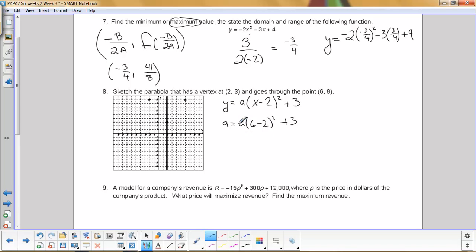So in solving all of this, I get a equals 3 over 8. When you solve for a, now what you have is your given value, and you can plug that back into your vertex form and use that as the equation of your parabola.